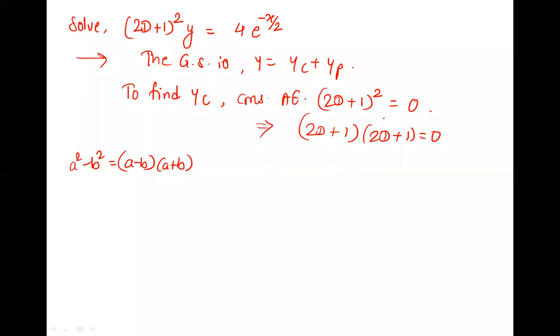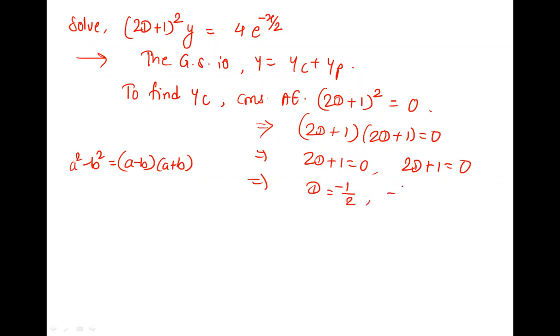If we square it and we again open it and we put it in calculator, that is also okay. No problem if we do that. But now these two terms are directly equal to 0. Solve for D. First thing is we shift 1 here, -1, and D is, what is D? -1 by 2, and same here -1 by 2.